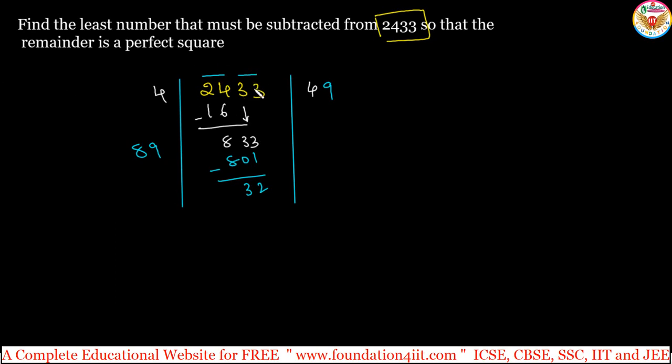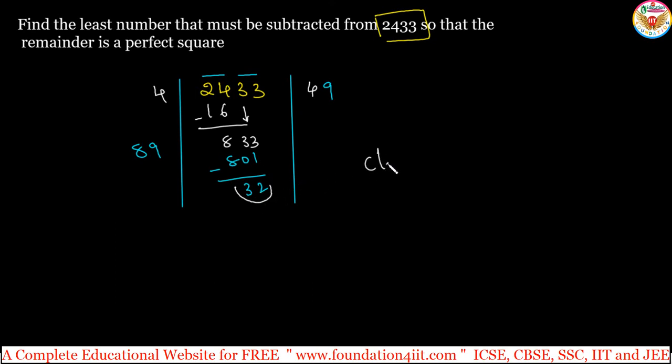If you remove 32, we'll get exactly 801. But 32 we need to remove. So how much do you get? By the same division method, whatever you get extra here, that should be subtracted. Because exactly 801 means 89 nines, 801 we will get. But instead of getting 0, we got an extra remainder 32.